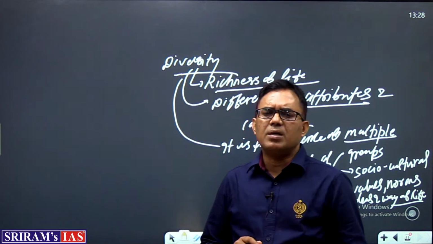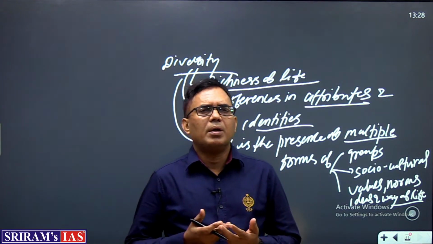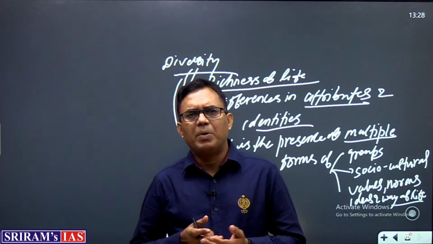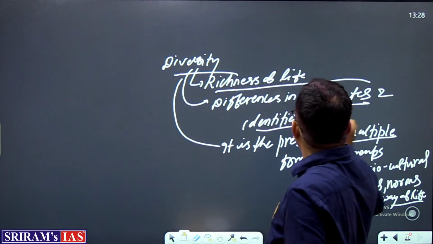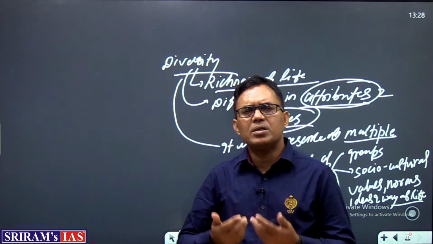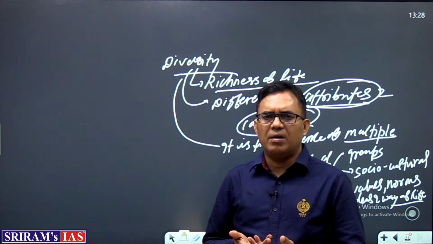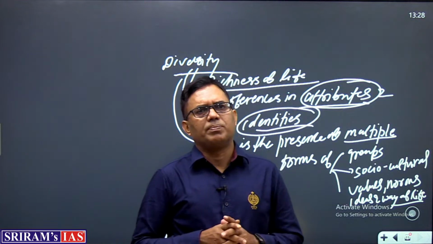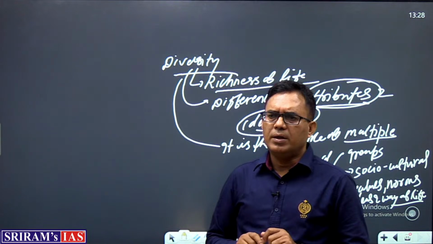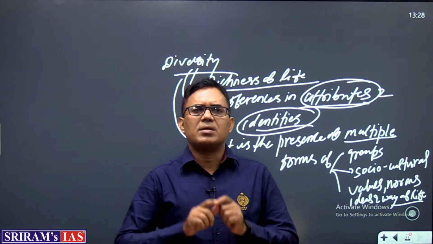Positive connotation means diversity simply refers to the multiple forms of life, the coexistence of multiple attributes, multiple identities, multiple religions, cultures and languages that we find in our country itself. So it's a kind of multiculturalism, but if the element of diversity is such that it is not acceptable to society, then it is considered harmful.